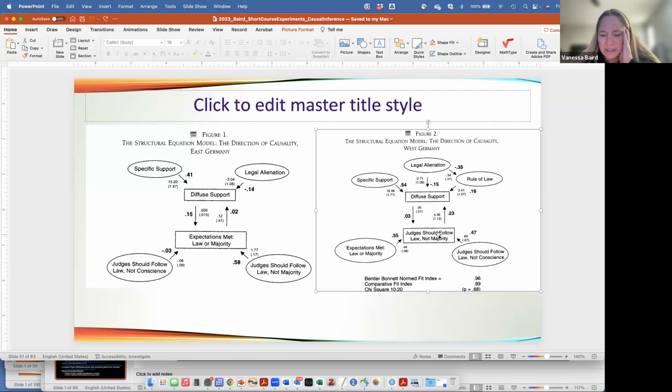But in this case, it shows evidence of that running tally, that beliefs about what judges should do is more likely to cause diffuse support over time than diffuse support causing the perception of the procedure. And that it tries to model a running tally with zero time variation. The best way to do it is to have some time variation. But that's an example of where instruments are really difficult to come by.